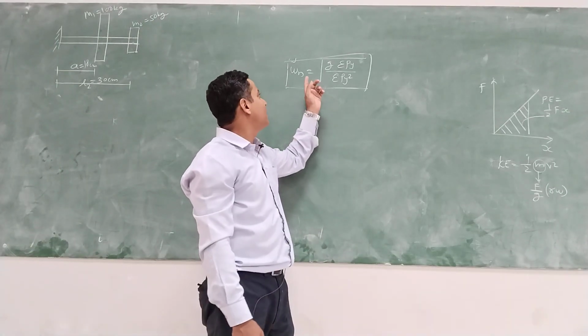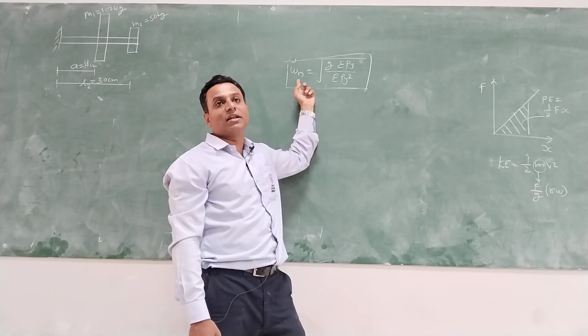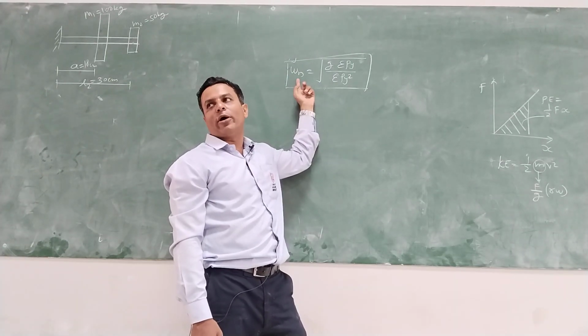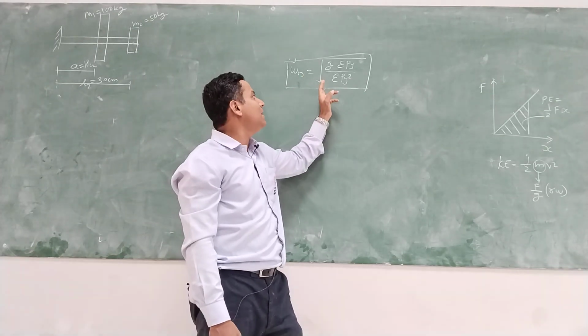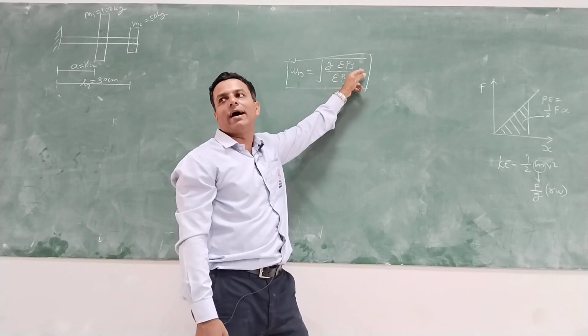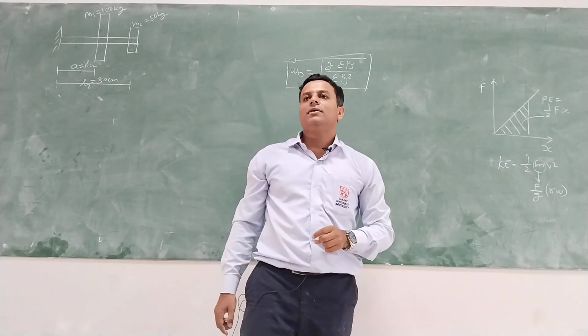So already we have derived the formula for the natural frequency for the shaft subjected to several point loads. Okay, and the formula is under root g summation Py divided by summation Py square.